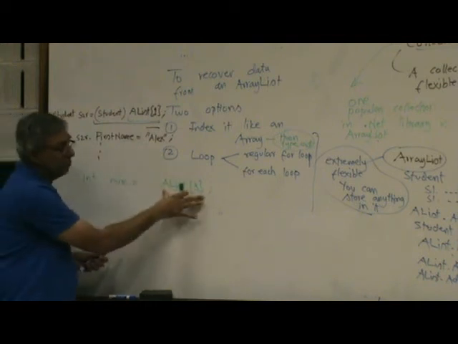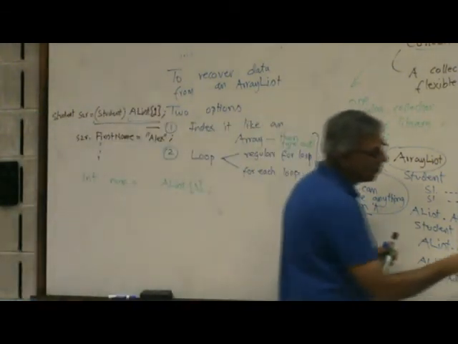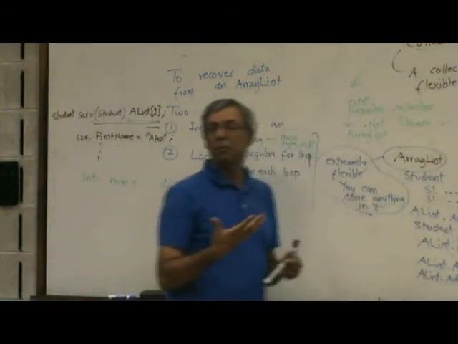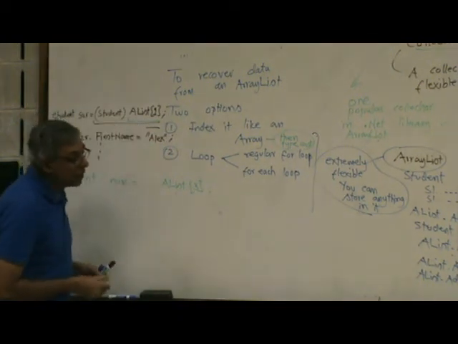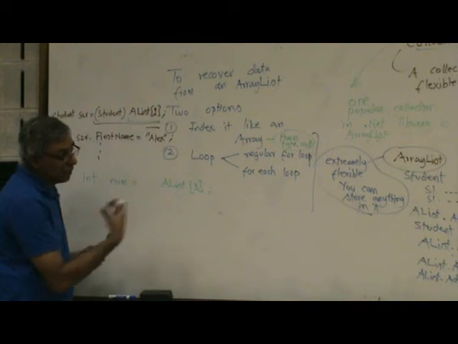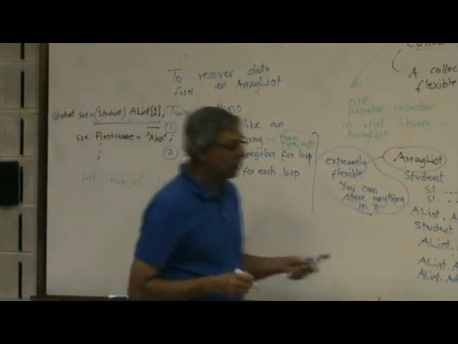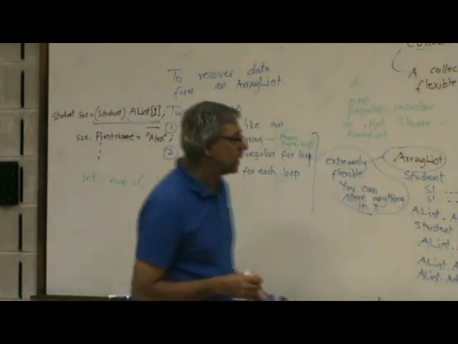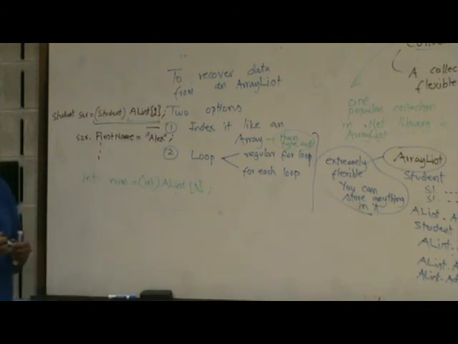Int. What's the data type of the right side? Object. Remember, anything that goes into the ArrayList becomes an object. Because it's an object, if we wanted to recover the data, we have to typecast it to the same data type that we have stored over here. So you will say int over here, and then you'll be able to read it.